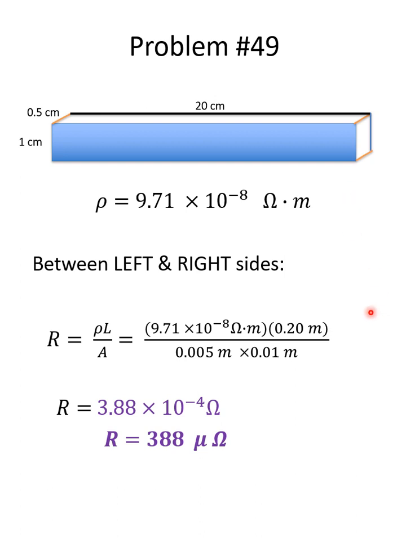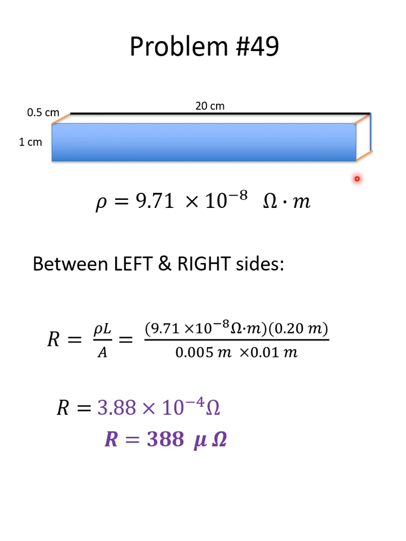Let's look at the resistance as we go between the left and the right side. As current goes through, what is that resistance over that 20 centimeter length? We'll use this equation, resistance equals rho length divided by area. So we plug in the resistivity. We're going through a length of 0.2 meters.